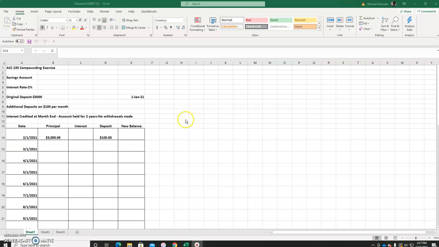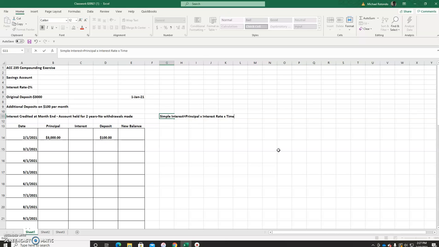So remember, what we have to do to calculate simple interest is to take principal, right, times the interest rate times time.